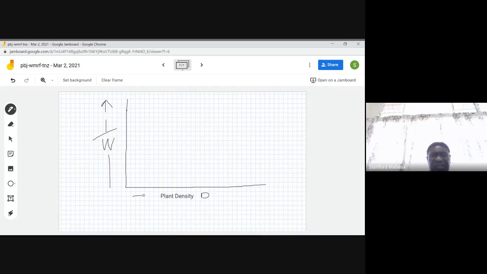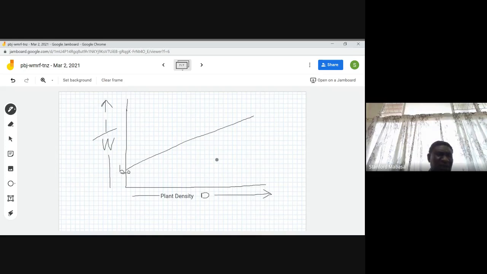This is D, our density. Now this becomes a straight line. So instead of having B0 down there, B0 is now here. And this one is our B1.